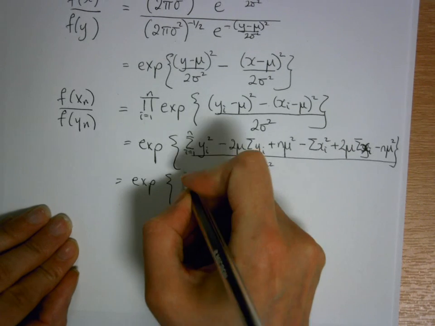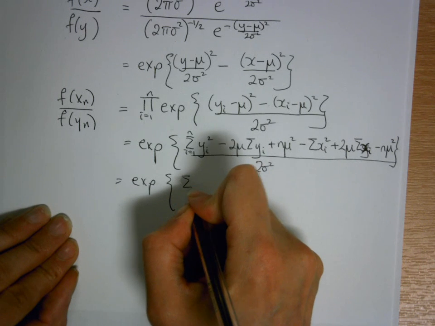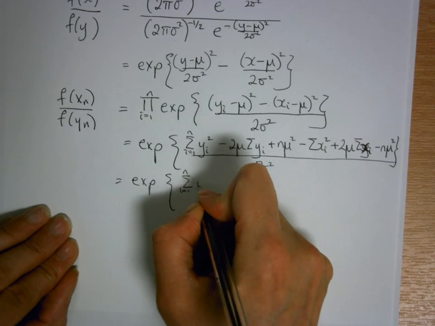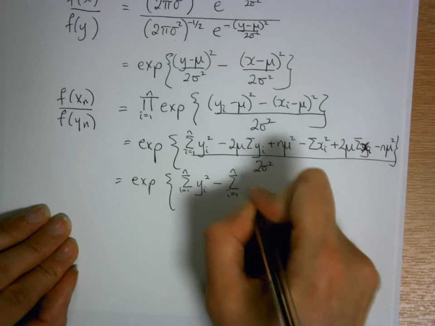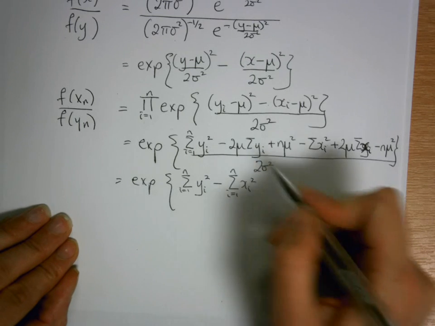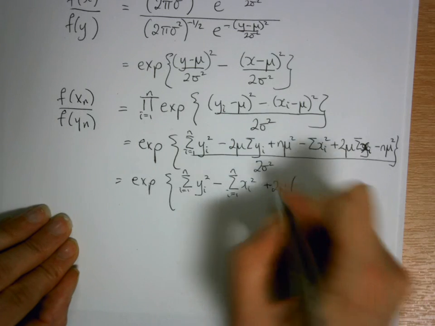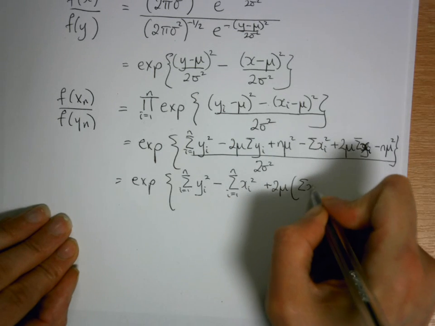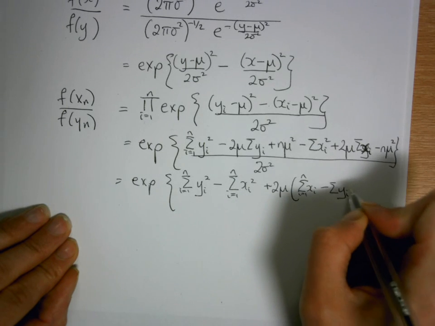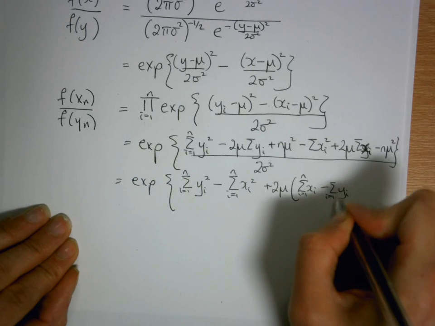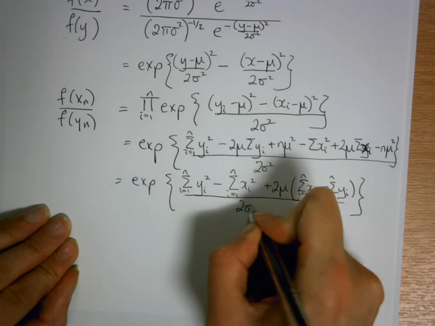So we simplify and gather terms: the sum from i equals 1 to n of yi squared minus the sum from i equals 1 to n of xi squared, and then plus 2 mu times the sum of xi from i equals 1 to n minus the sum of yi from i equals 1 to n. And all of this is divided by 2 sigma squared.